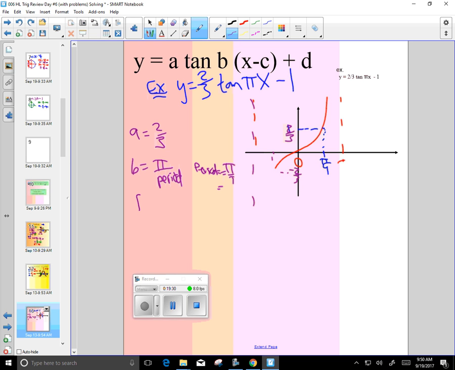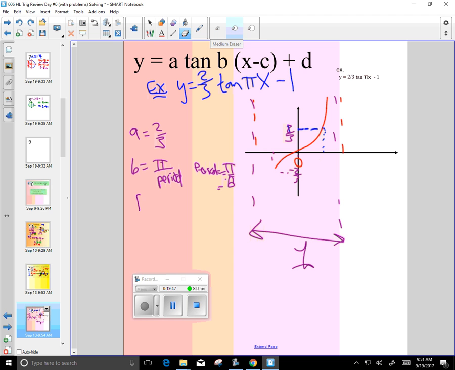So if this whole period is 1, which we figured out by going pi over b, then this is 0. How far is this guy out here? Half. So this is going to be a half, and this is going to be a -half.